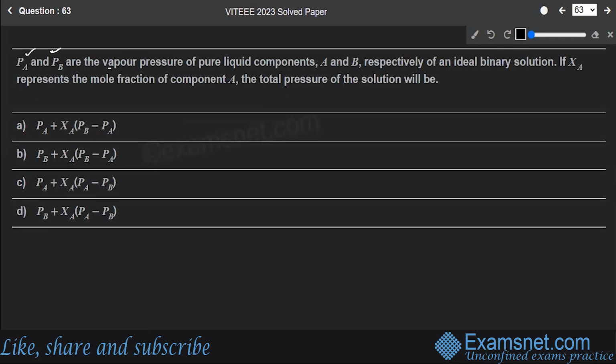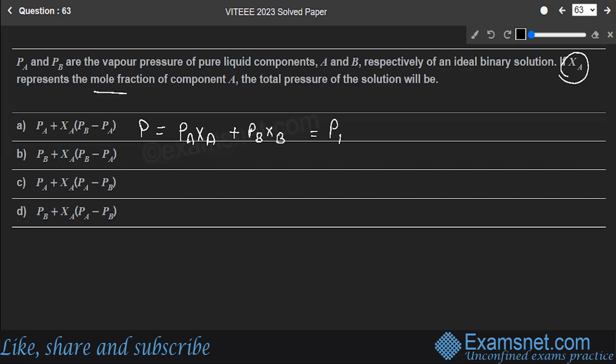Next is question number 63. PA and PB are vapor pressures of the pure liquid components A and B respectively for an ideal binary solution. If XA represents the mole fraction of component A, then the total pressure of the solution will be. See, the total pressure of the solution is given by PA into XA, the mole fraction of component A, similarly PB into XB.